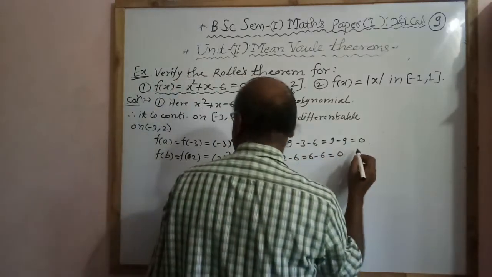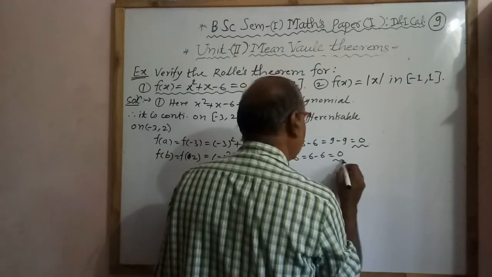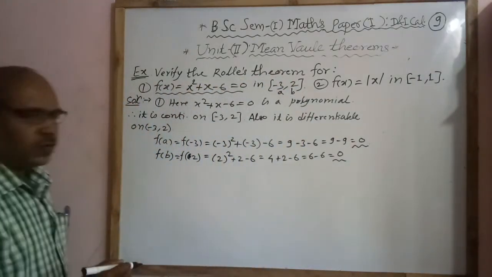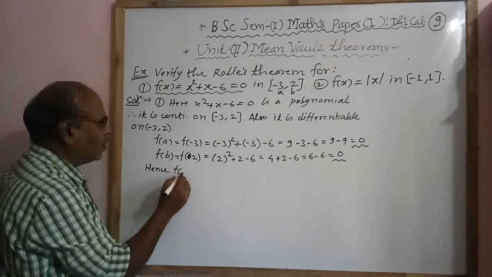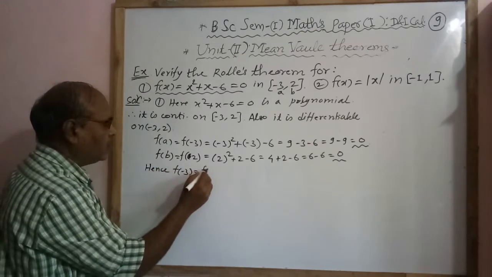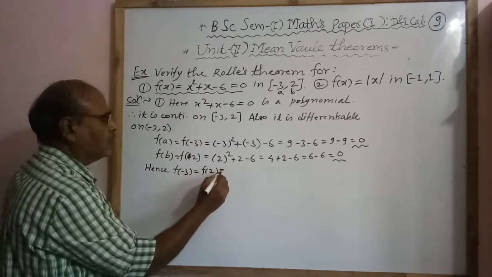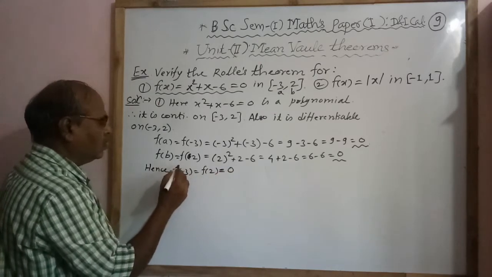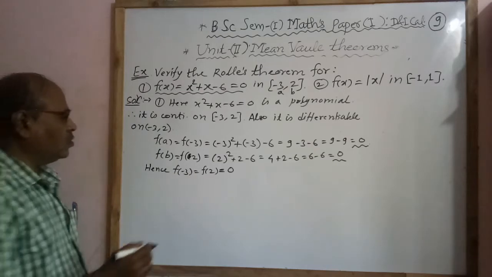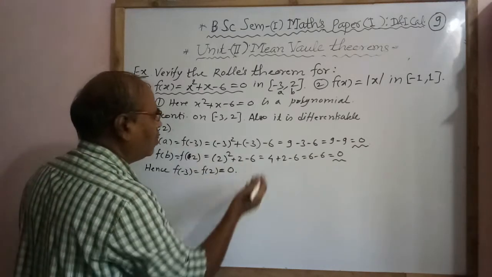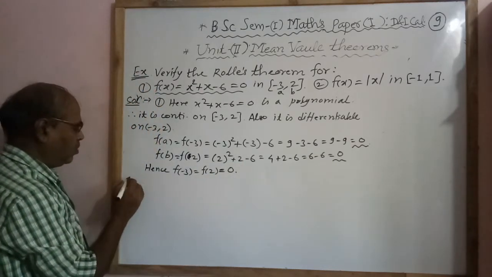Therefore we obtain that f of minus 3 equals 0 and f of 2 equals 0. Therefore both are equal. Hence f of minus 3 equals f of 2 equals 0. Therefore the third condition of Rolle's theorem is satisfied, and all three conditions of Rolle's theorem are satisfied.